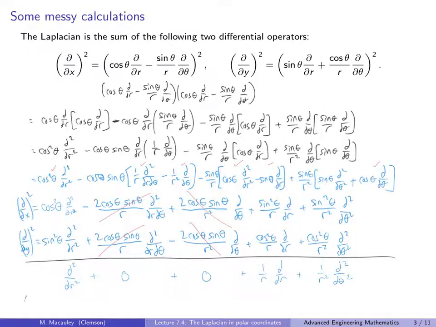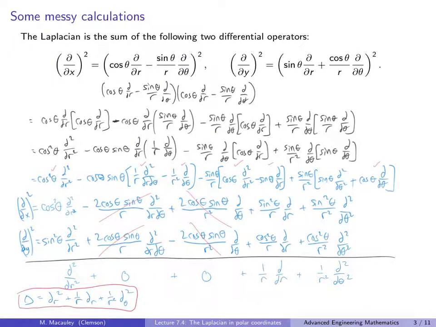Okay, so the Laplacian operator in polar coordinates, if I want to write it short, I'm going to write it as dr squared plus 1 over r dr plus 1 over r squared d theta squared. So this is, again, my little shorthand way to write this.